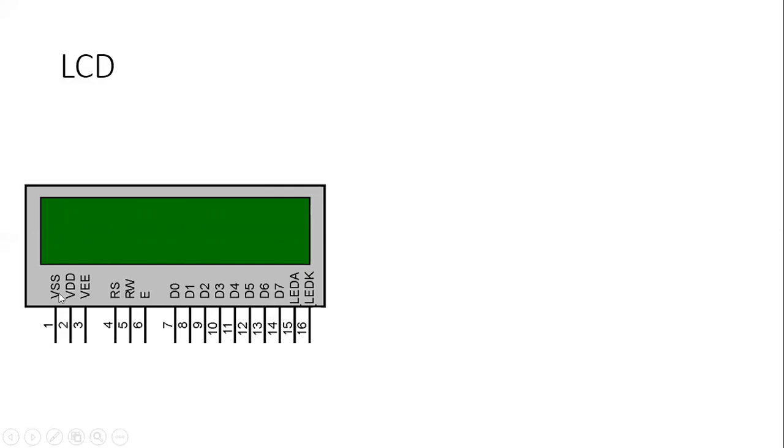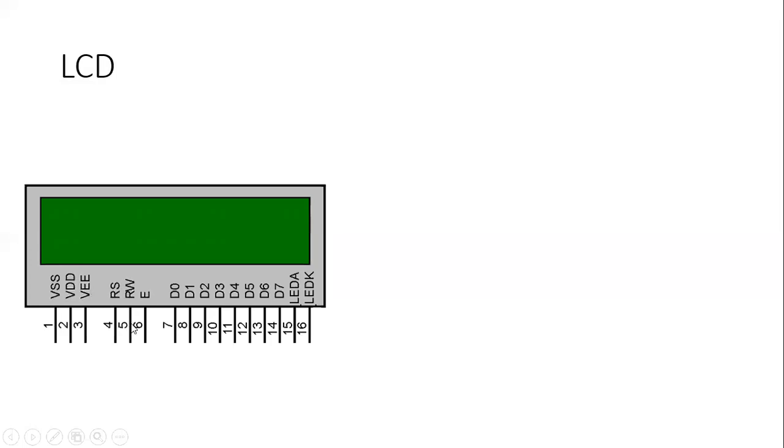Very importantly, you should know the pin numbers. It has 16 pins. Pin number 1 is called VSS, pin number 2 is called VDD, pin number 3 is called VEE, and pin number 4 is called RS, the register select.